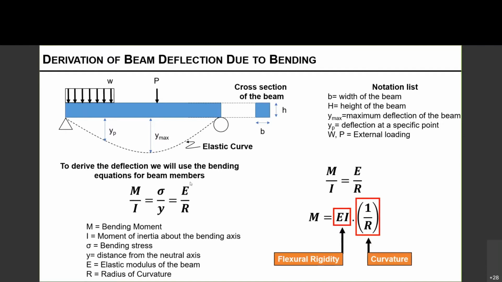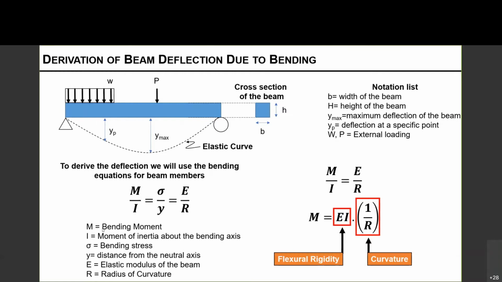I'm sure that you have seen this equation before when you were doing strength of materials. M over I equals sigma over y equals E over R is called the bending equation for beam members.